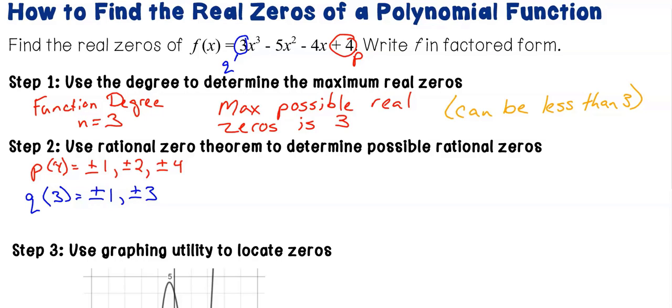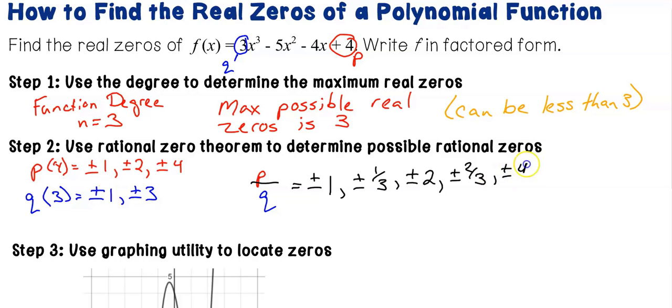So our potential real zeros, p divided by q, would be 1 divided by 1, so that would be plus or minus 1. 1 divided by 3, so that would be plus or minus 1/3, because we cannot reduce it. 2 divided by 1 is 2, so that's plus or minus 2. 2 divided by 3, we can't reduce, so it's plus or minus 2/3. 4 divided by 1 reduces to 4, so plus or minus 4.